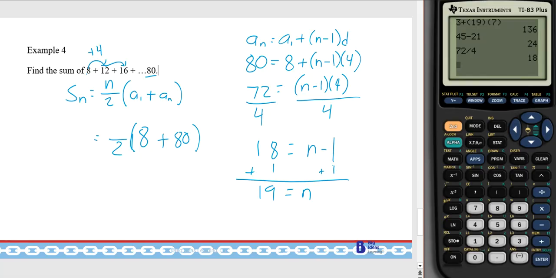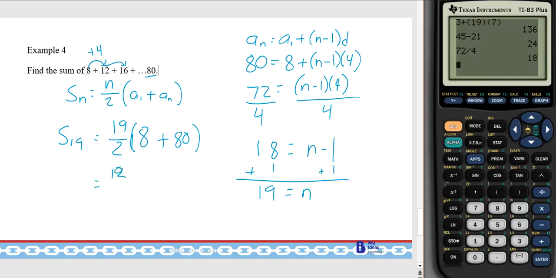That will set me up then to finish out the series formula. So now I can plug this 19 in here and here, right? So the sum of the first 19 terms is equal to 19 over 2, my n value over 2, times first term plus last term.